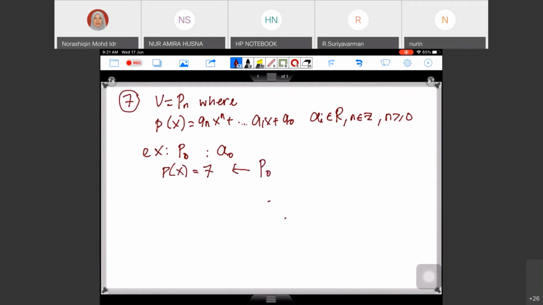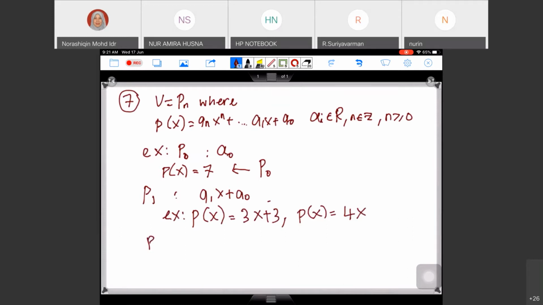Okay. Example P1. P1 is a_1 x plus a_0. So examples of P1 are P(x) equal to 3x plus 3 or P(x) equal to 4x. So these are examples of P1, degree 1. Okay.